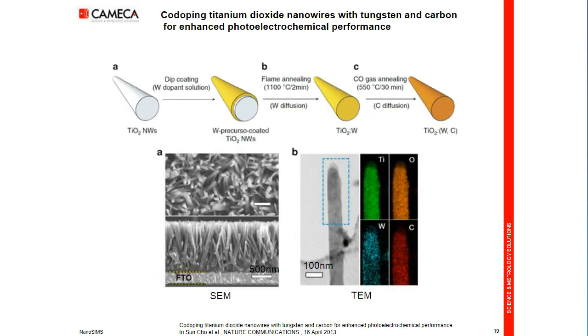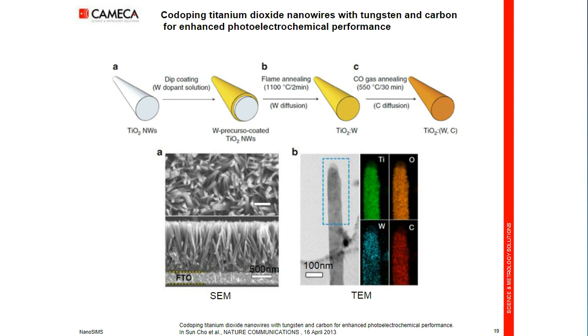This example is taken from a publication in Nature Communications from the Stanford University group equipped with the NanoSIMS 50L, where they studied the coating of titanium dioxide nanowires with carbon and tungsten. So you can see the process to coat these tiny nanowires with a mixture of carbon and tungsten.